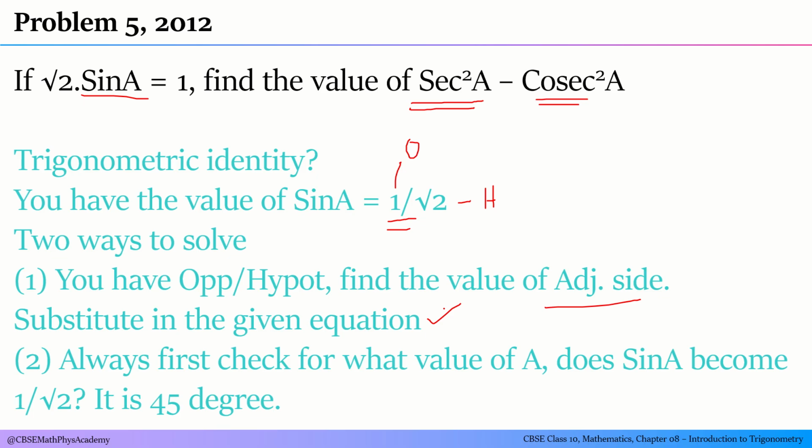Another way, what I would suggest always to check first, is whether this corresponds to standard trigonometric angles. For what angle of A will sine A give you 1 by root 2? Sine A becomes 1 by root 2 when the angle A is 45 degrees. With this approach, we will try to solve this problem.